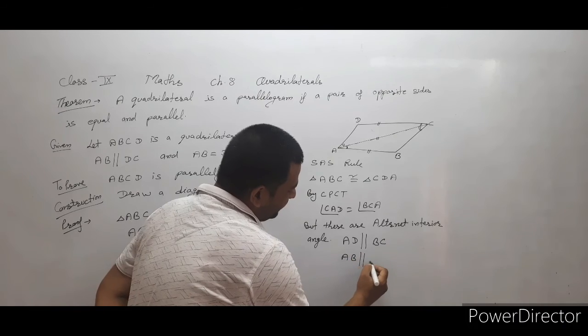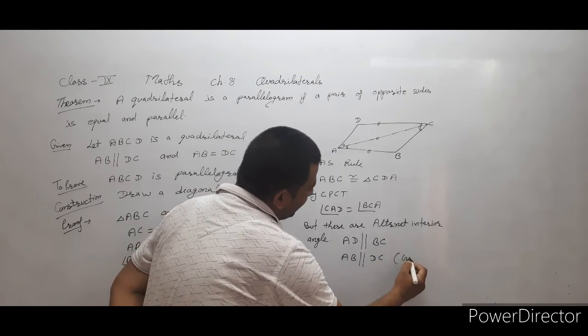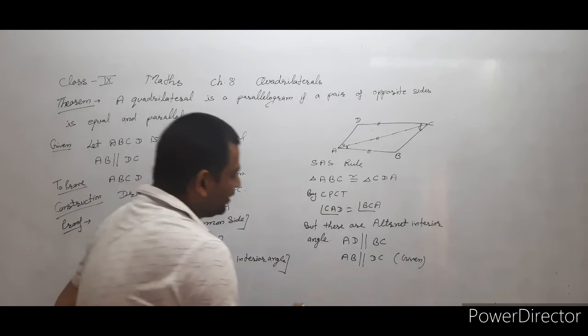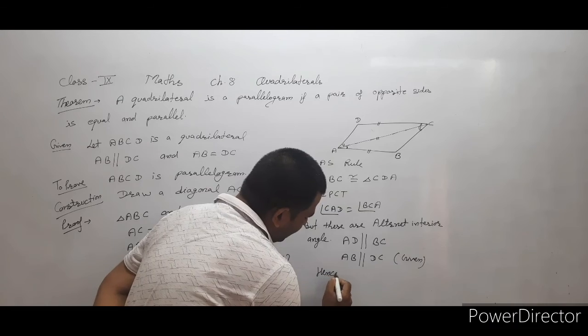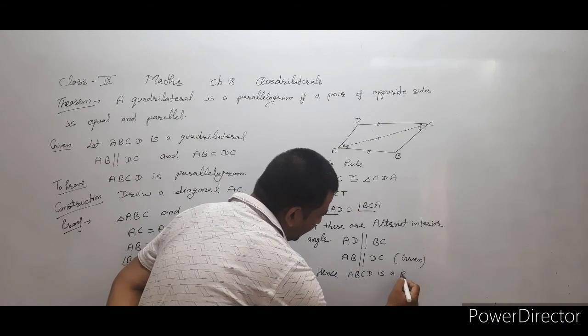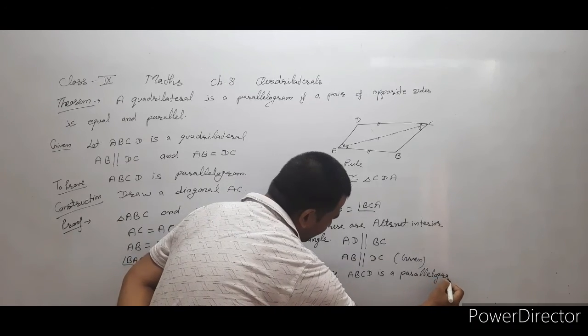It's already given that AB is parallel to DC, and we proved that AD is parallel to BC. Hence ABCD is a parallelogram.